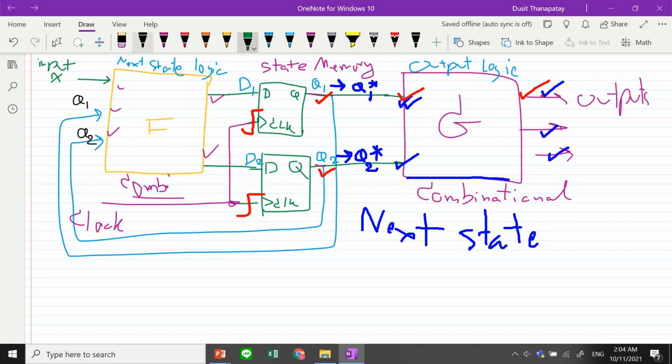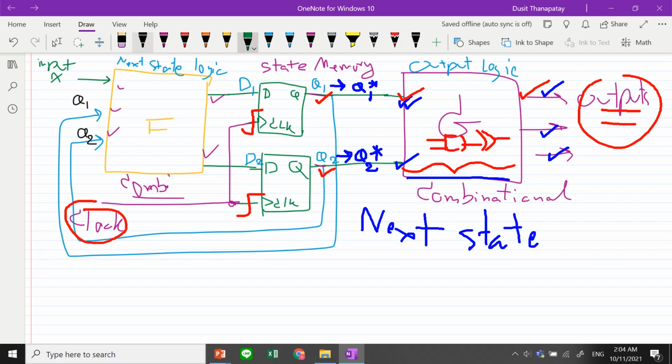But just keep in mind that there is some propagation delay due to the logic gates connected inside circuit G. So the final output of the circuit will change value at the same timing of clock, right?